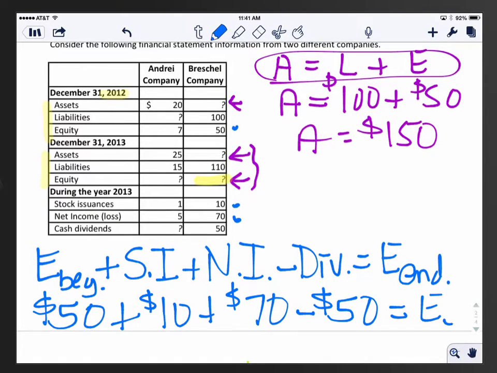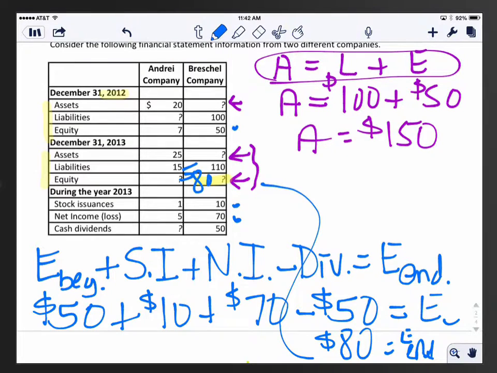It's pretty easy. 50 plus 10 is 60. Plus 70 is 130. Minus 50 is 80. So we've got 80 for our ending equity. Not very neat there, but this is the number that goes right here. So we've got 80.